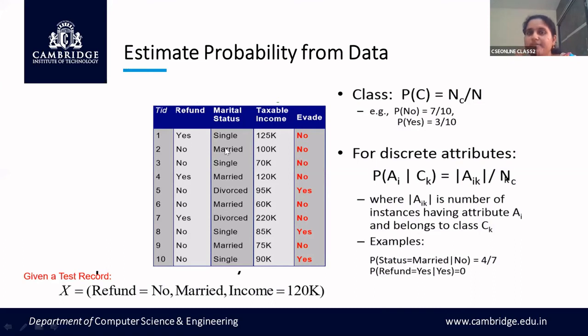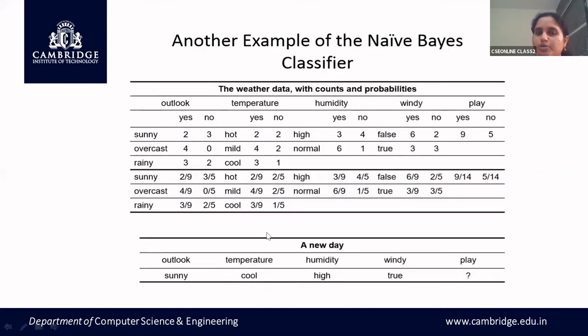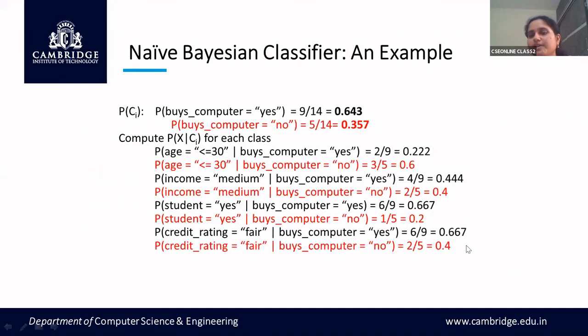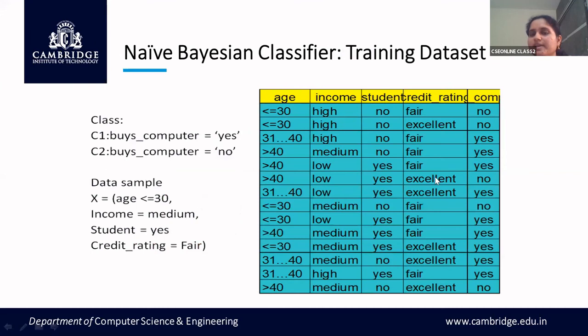Here you are using the probability, that is, all the probability has come to no. Clearly you can derive from this example, whereas from the previous example they have only given the prior probabilities. Only you will multiply them for the test or a new record and check whether it belongs to your yes label or no label. This is the detailed example for your training set. So we have dealt with 3 examples.